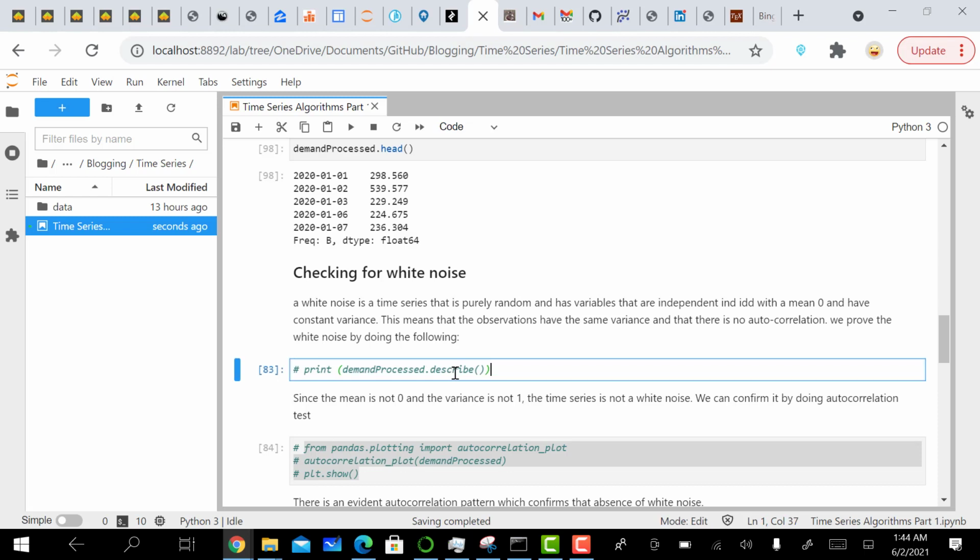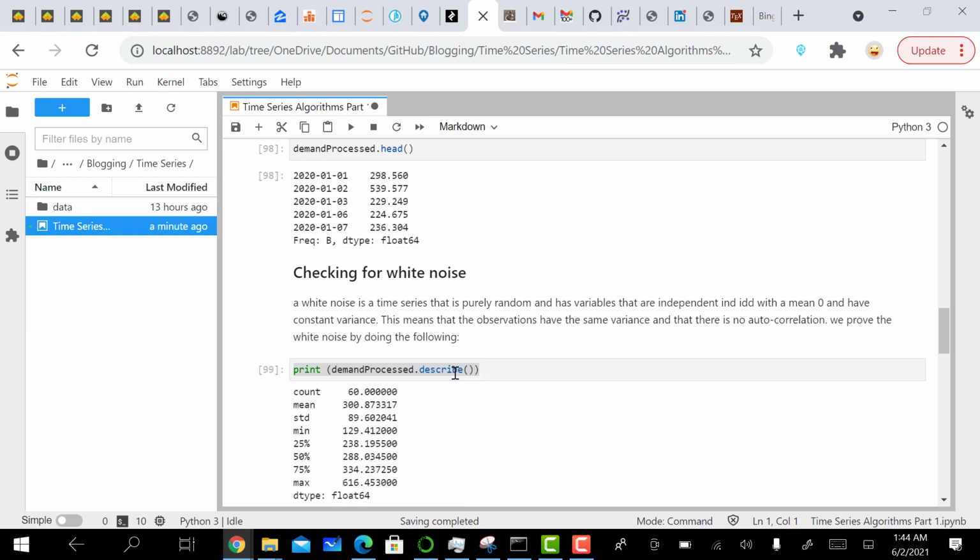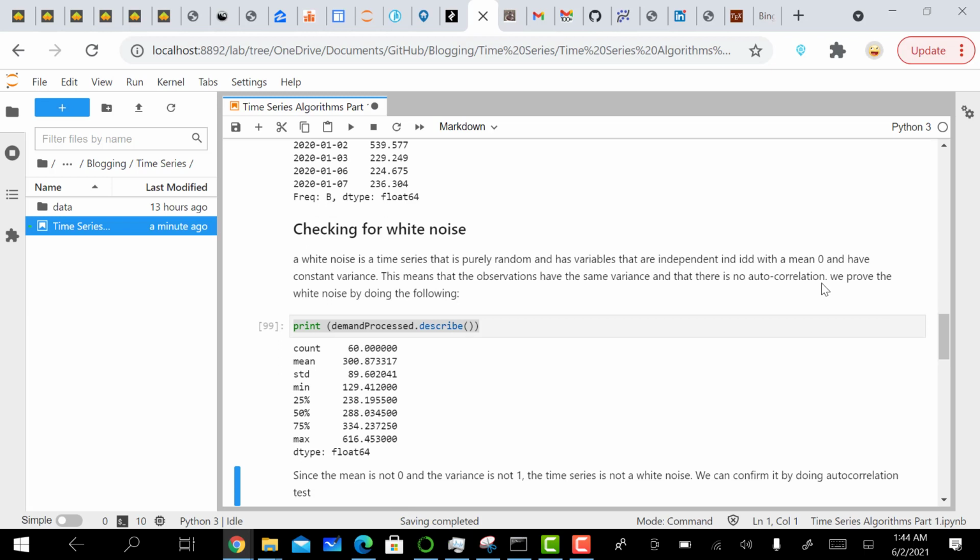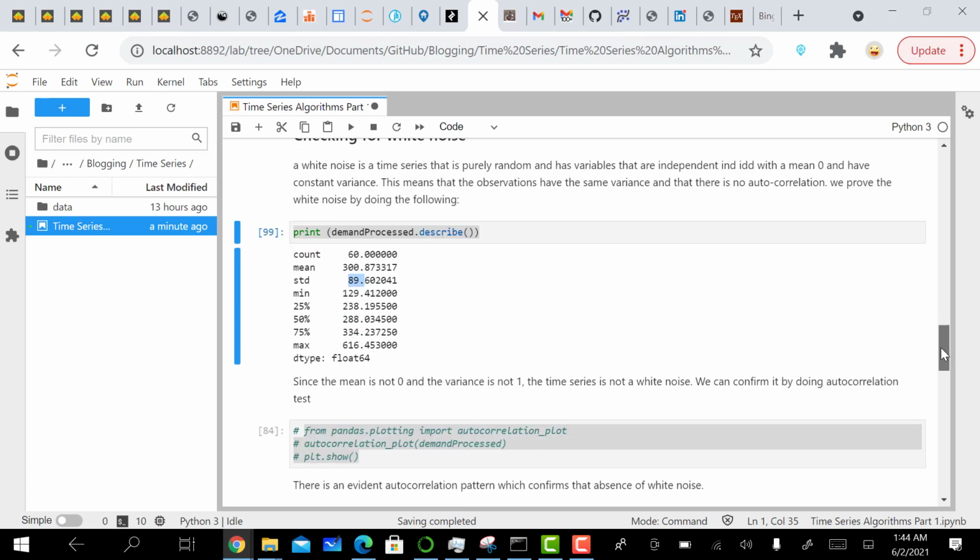So let's try to find out if there is white noise or not. Again, we want to see that the mean is zero. In this specific case, you don't see a mean of zero. The mean is 300, and the standard deviation is completely different from one. It doesn't look like there's white noise, and there's potential autocorrelation here.